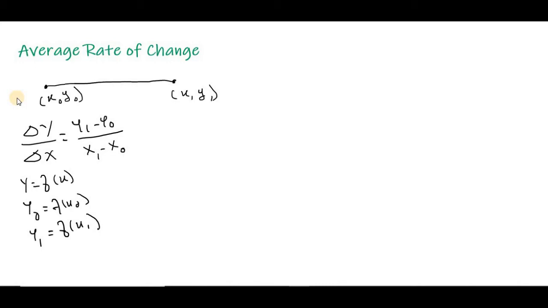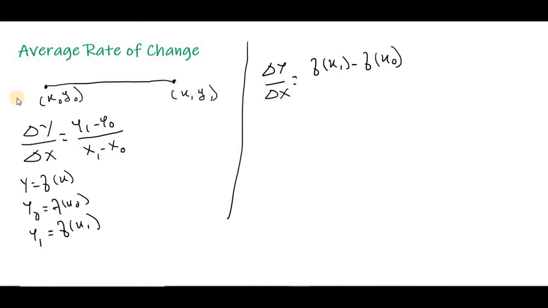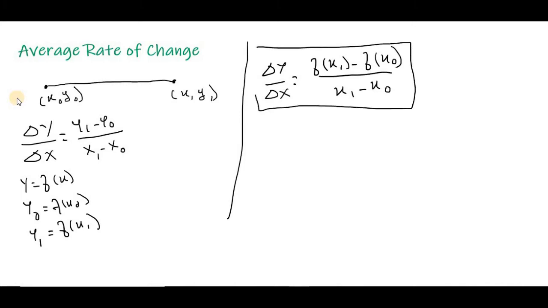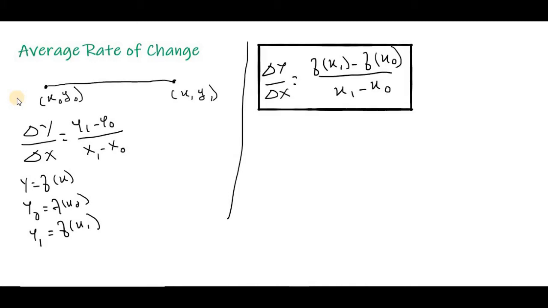So we replace this by delta y by delta x is equal to f of x1 minus f of x0 whole divided by x1 minus x0. Now this formula is known as average rate of change in the given function.